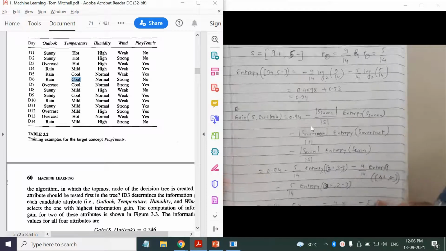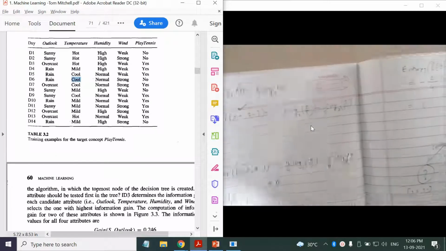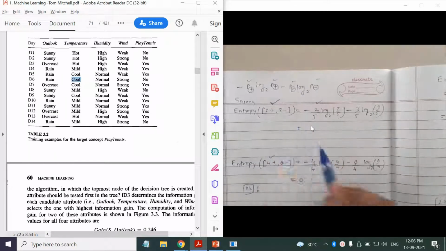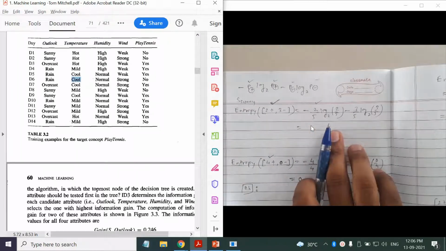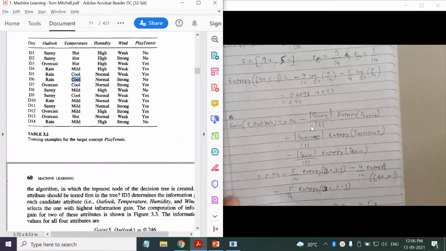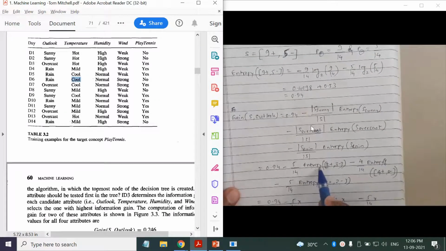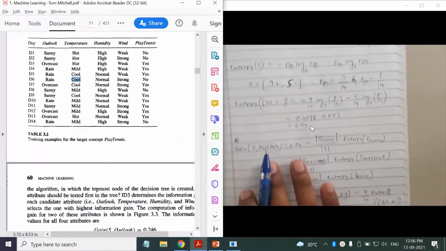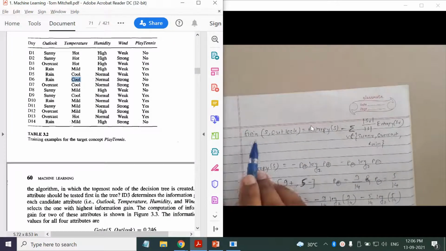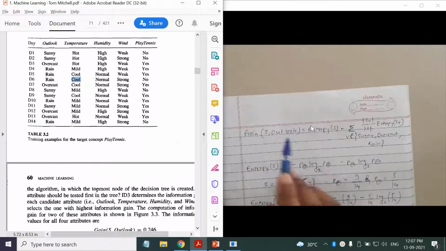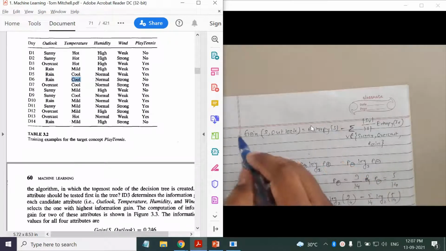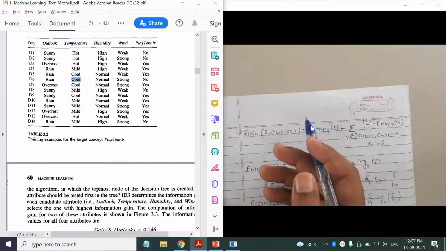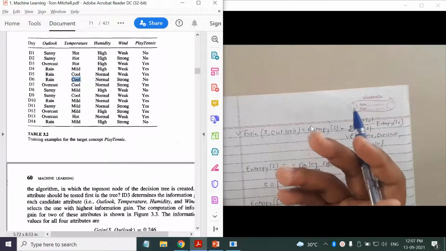Okay, no need to take it separate and increase the length of your solution. हमने क्या किया, for the simplicity I have calculated it separately, but once you master this, you can calculate this score here itself. Okay, so what we can do, we can directly start with our formula and calculate the values there itself. तो हमें 4 values of gain find out करना पड़ेगा because we have 4 attributes.